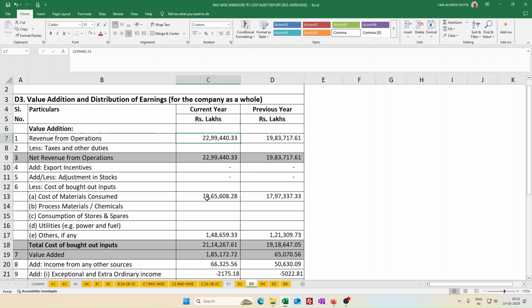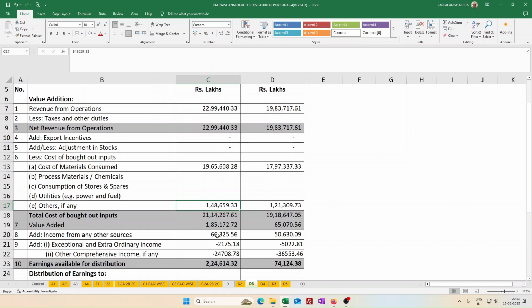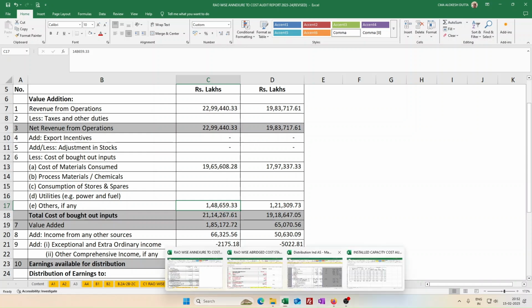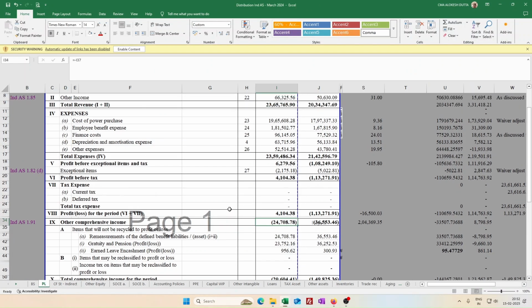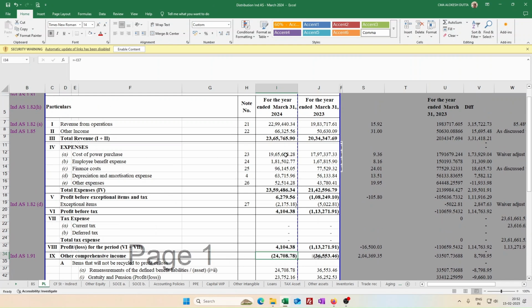And this is total of all bought out material, cost of material, others, other expenditure. It should come from the profit and loss account. If you see the profit and loss account, cost of power 1965,608.